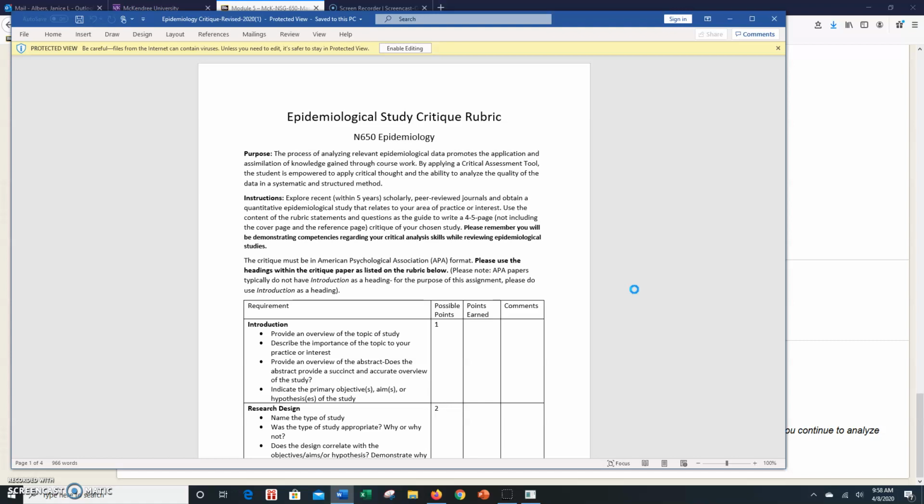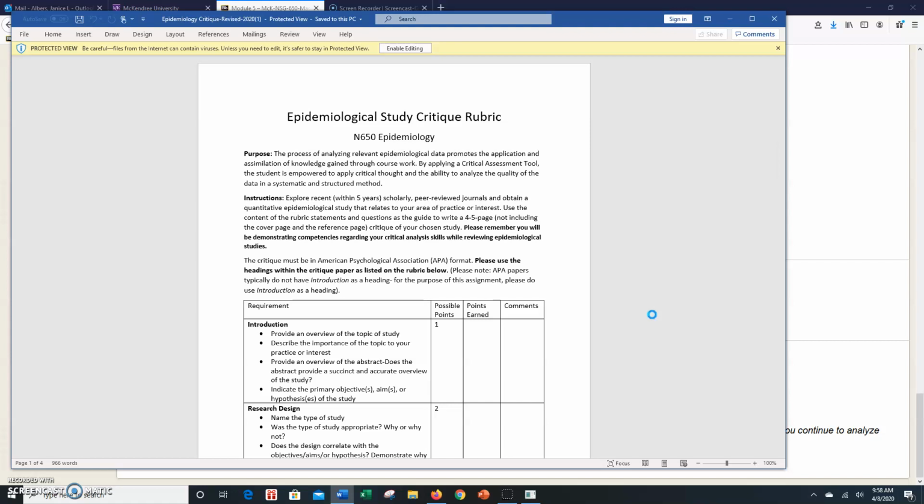As you move forward, you will need to use these same types of skills as you're working forward in your program. So this is not a real long assignment, and the page numbers are usually 4 to 5 pages, and just always remember that this is really looking at your competencies regarding your critical analysis, not necessarily a summary of the study.